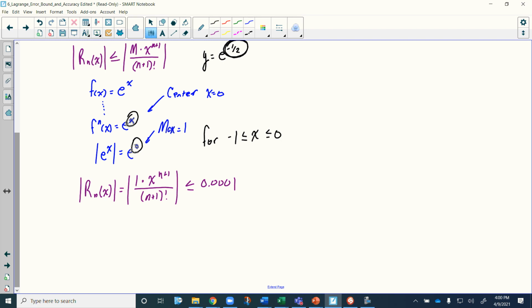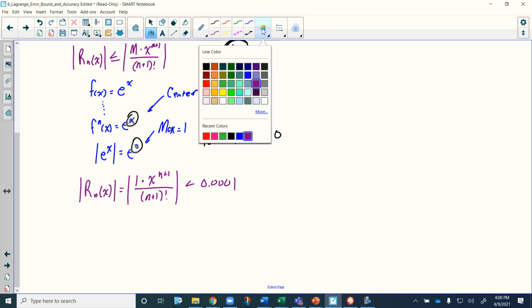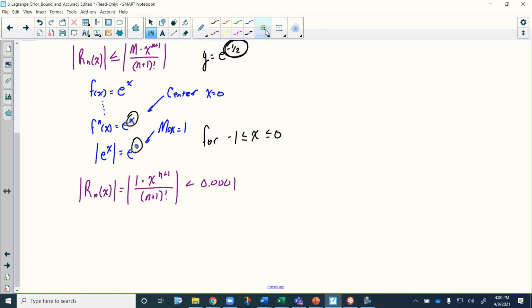It does say less than, so let's get rid of the equal to part. Now, this is where we're going to go back to our calculator, using that strategy like we did with our sine function, where we figured out what the degree was going to be. We're going to do the same thing here.